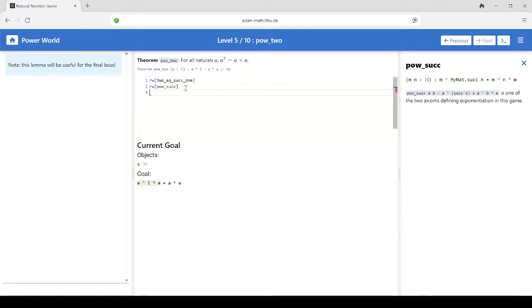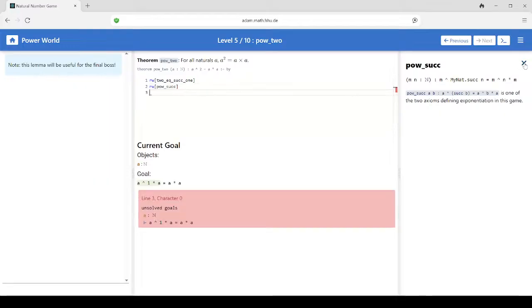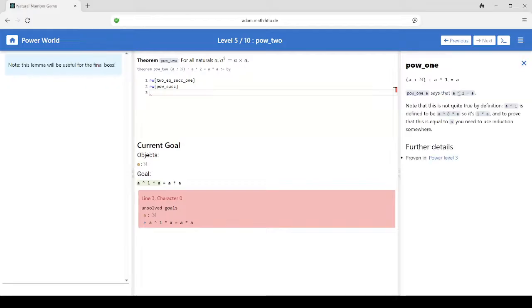We are on the right track. I know exactly what to do. We need one of these. Yep, anything to the power of 1 equals itself. Oh, and we're done.